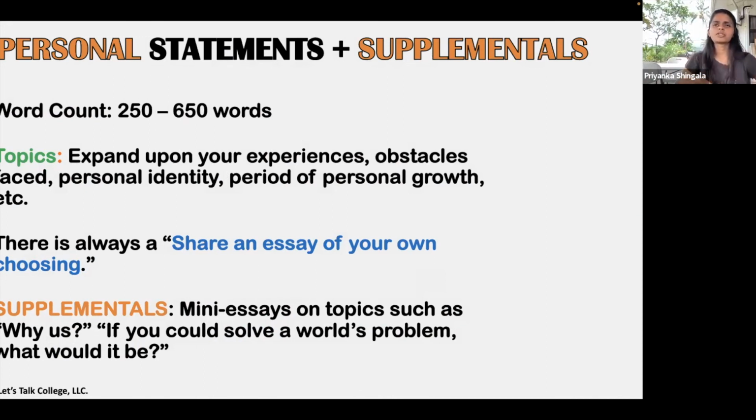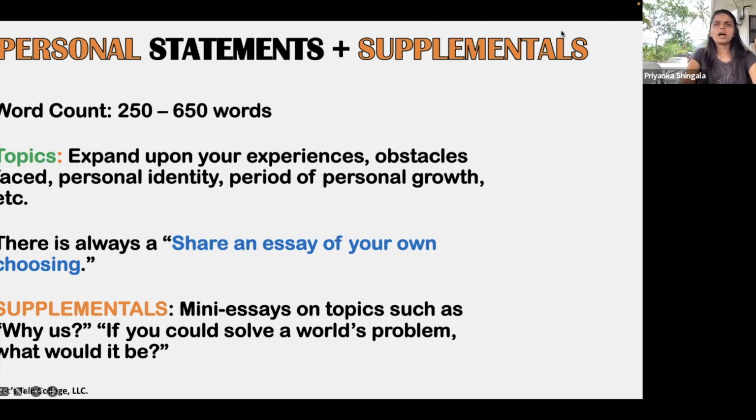Topics include just any experiences you might have had, moments of personal growth. More recently, especially during COVID, another topic that's come up is, what are you grateful for? They tend to repeat roughly the same topics every year. They rarely, maybe every 2 years, change one topic, but it's usually the same idea. There's always option number 7. So there are 7 topics you can pick from, and you just pick any one. There's no preference.